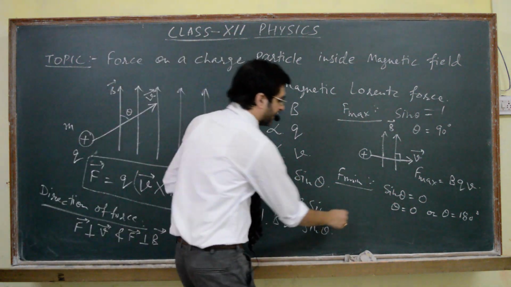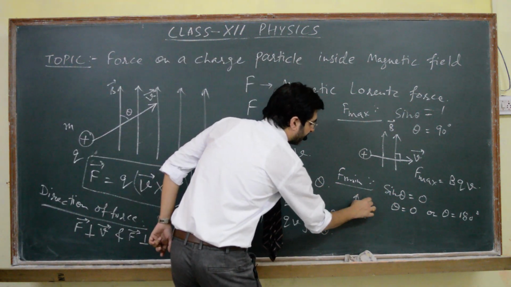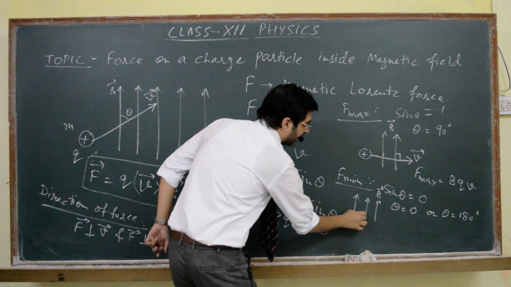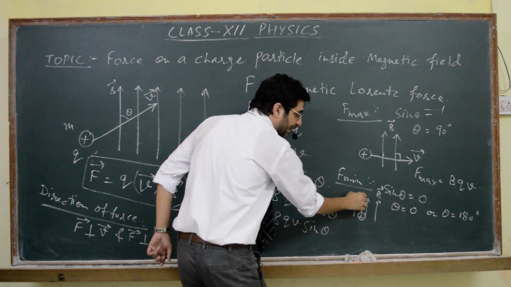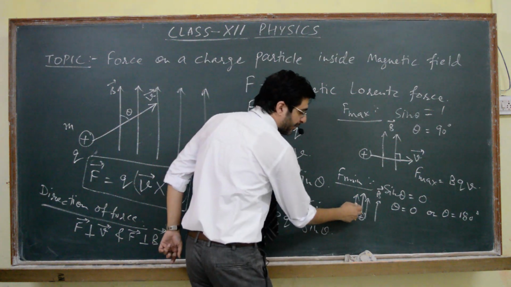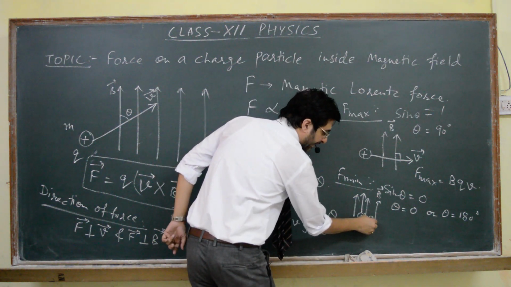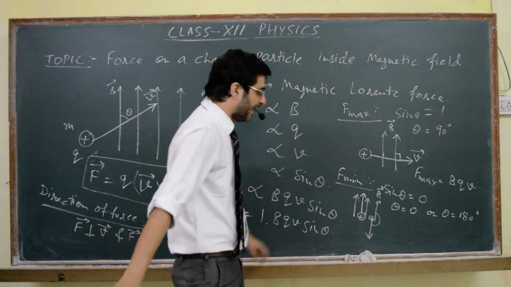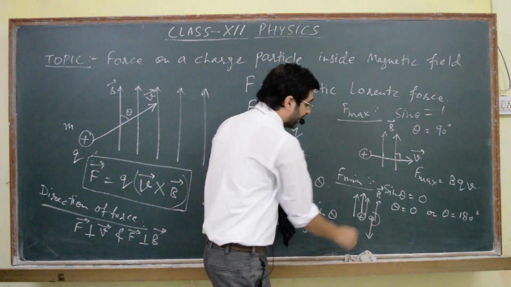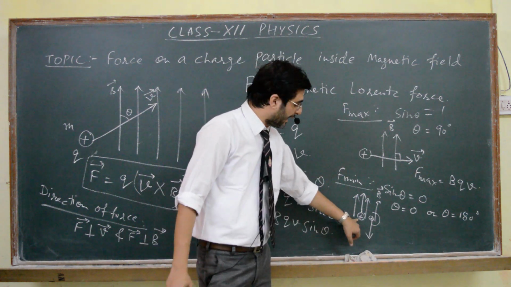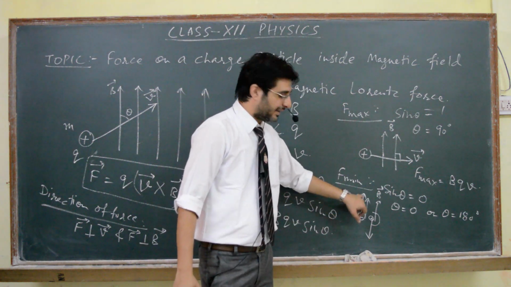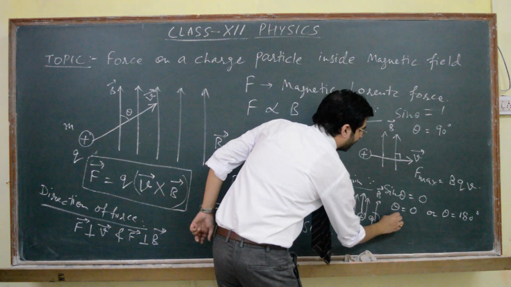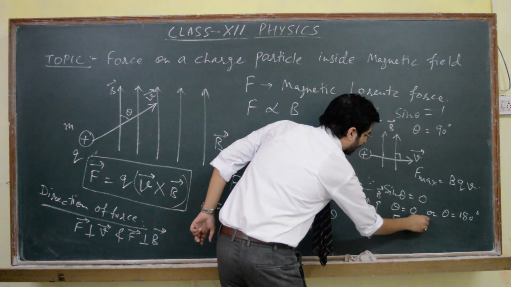Under both these conditions, that means if the charged particle is moving either along the magnetic field, the angle will be 0, or against the magnetic field, the angle will be 180. In both cases the force will be 0.